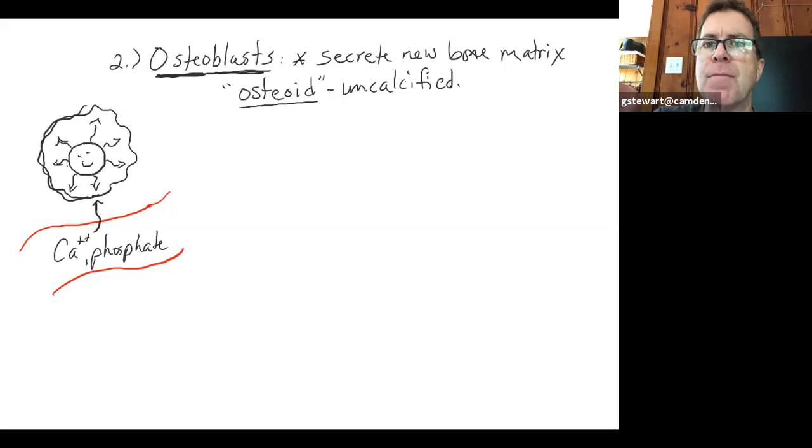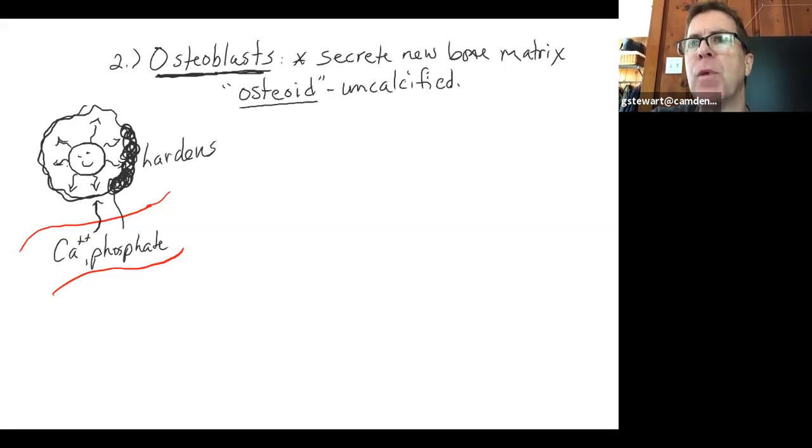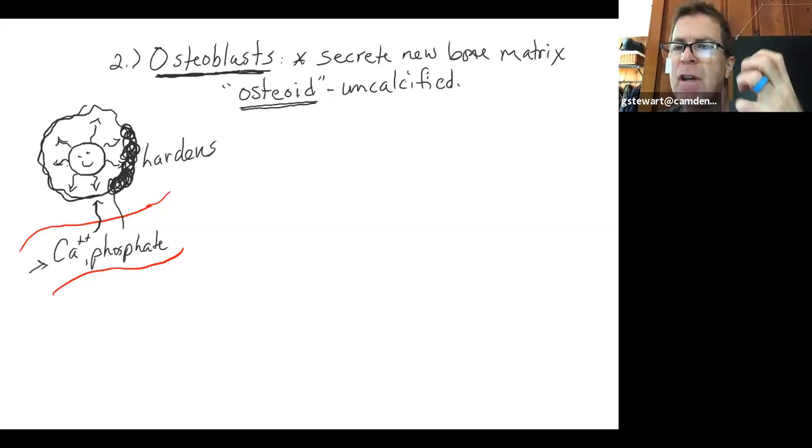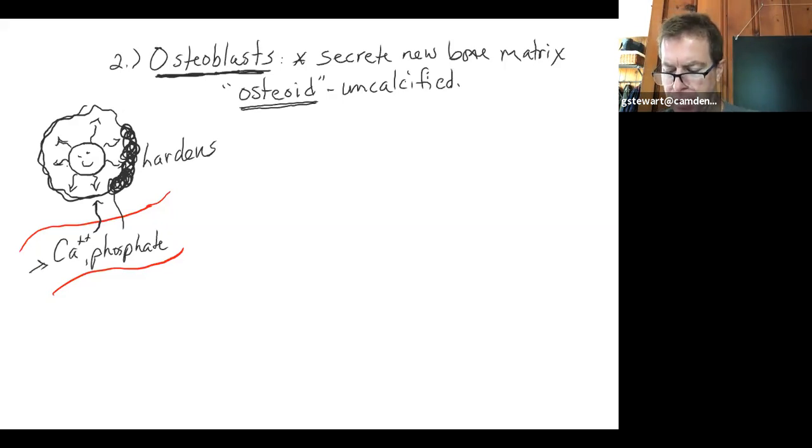And when these things mix together, it hardens and forms new hard bone matrix, new bone tissue. So we say osteoblasts secrete new bone matrix. Technically, it's this organic stuff that's uncalcified, and it's only when calcium and other minerals mix with osteoid that it really gets this firm, hard, and brittle consistency.